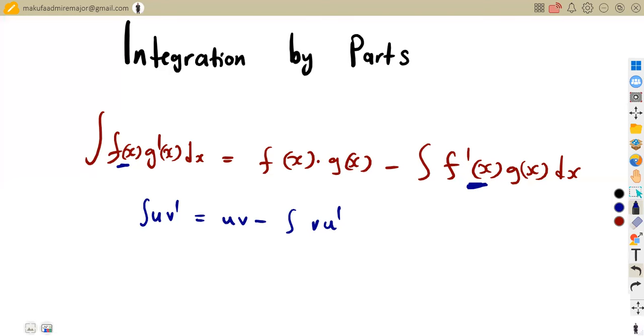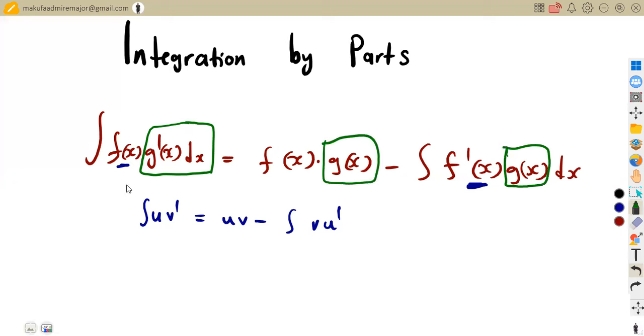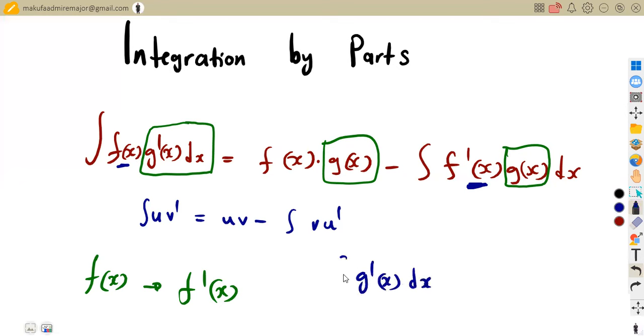Then the part g prime x dx is the part that we are supposed to integrate in order to obtain g of x. So from f of x, we find its derivative, and from the remaining part, g prime x dx, we find its integral.